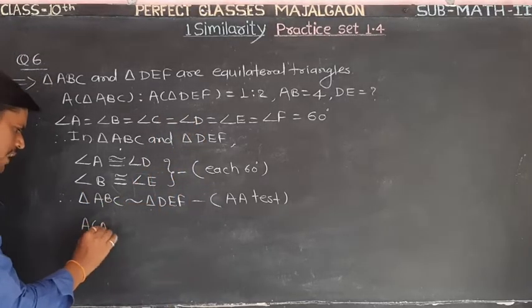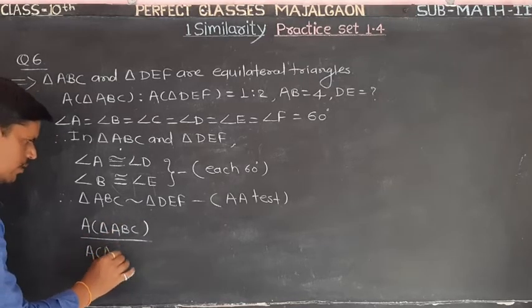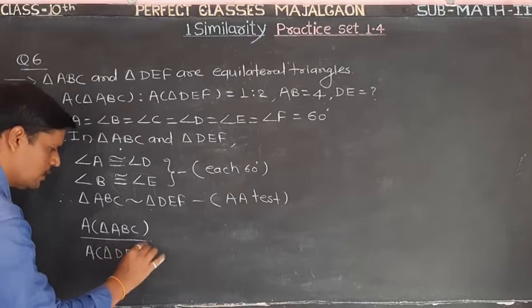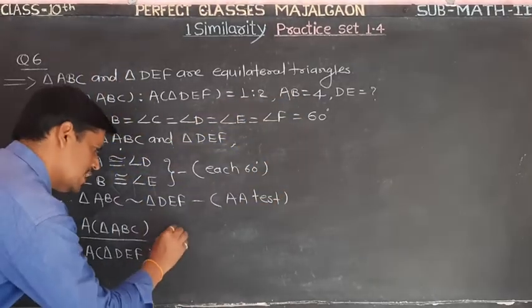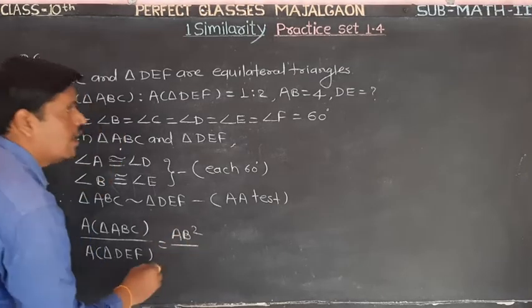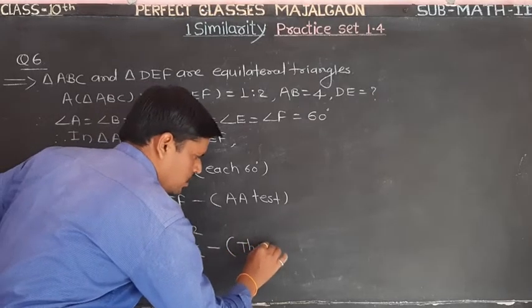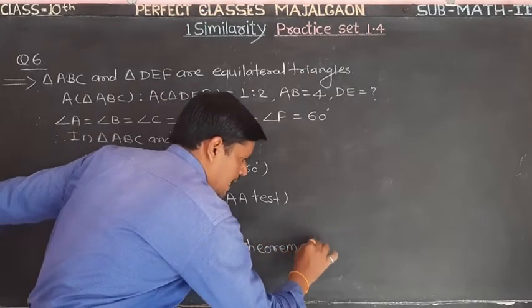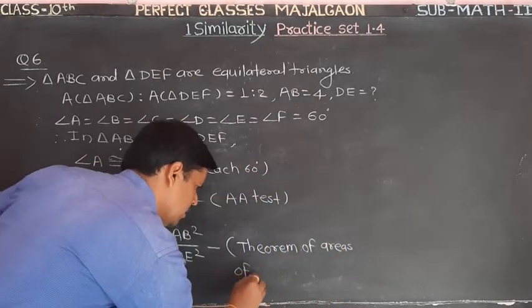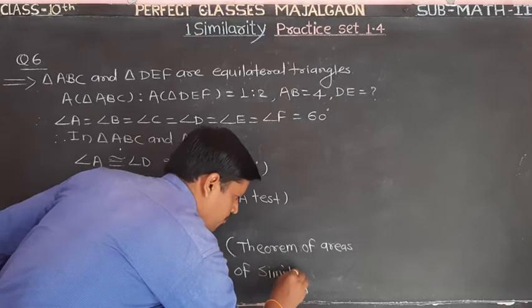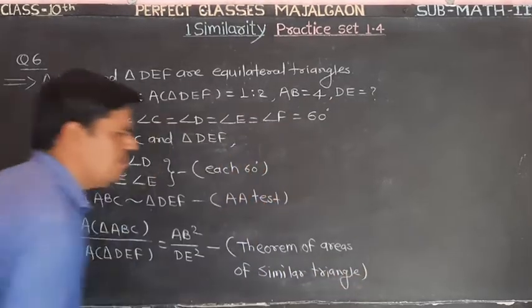Therefore, area of triangle ABC upon area of triangle DEF is equal to, since they gave the length of AB, we write the corresponding sides, AB square upon DE square. The reason is the theorem of areas of similar triangles.